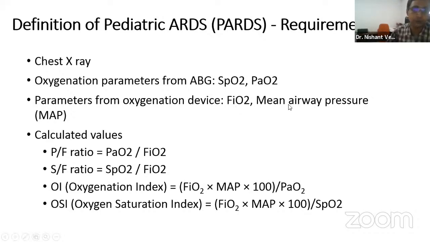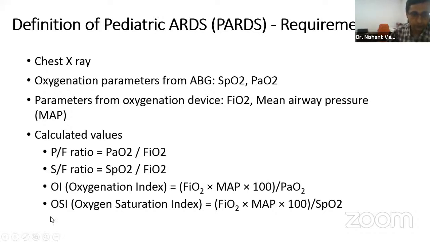Most of the machines now provide the mean airway pressure or MAP values, but this can also be calculated by a very simple formula. From these parameters, we calculate certain values. These include the PF ratio, which is the ratio of PaO2 by FiO2; the SF ratio, which is the ratio of SpO2 by FiO2; the oxygenation index, which is FiO2 times MAP times 100 divided by PaO2; and the oxygen saturation index, which is FiO2 times MAP times 100 divided by SpO2.